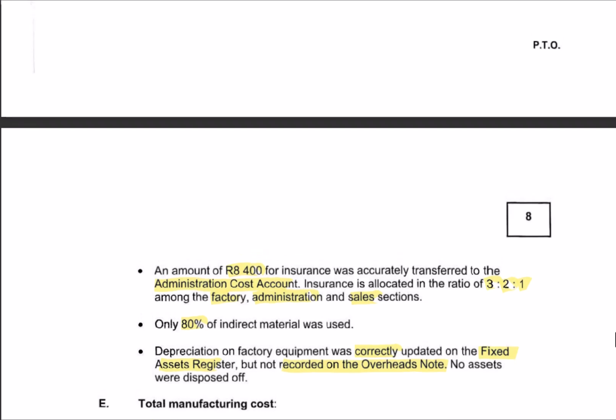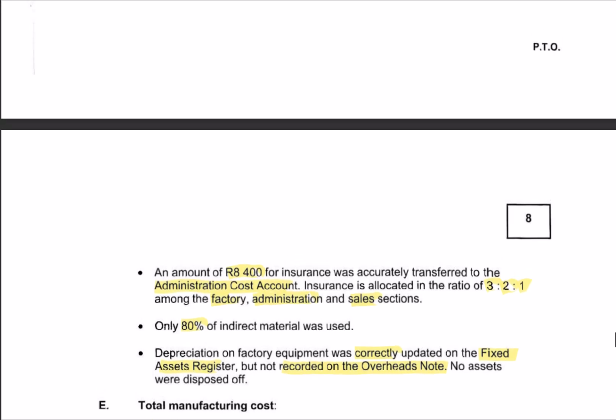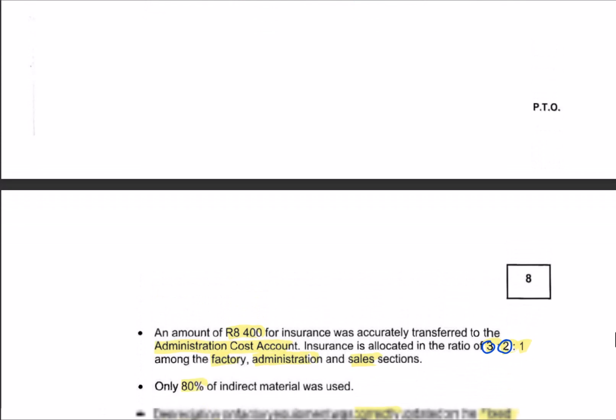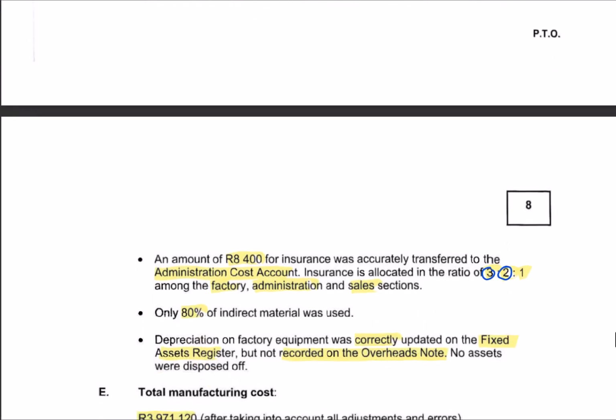The first one is for factory, and the second is the one that was transferred to administration. So what you can do is a shortcut that will allow you to move with speed.